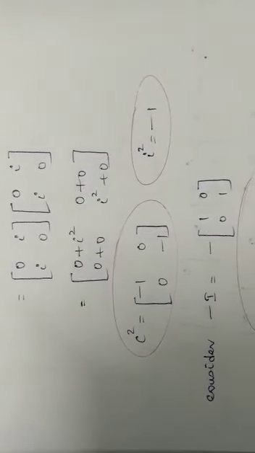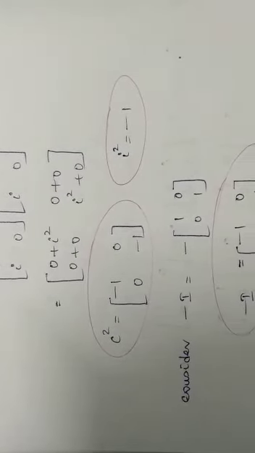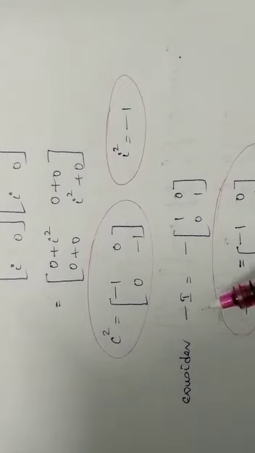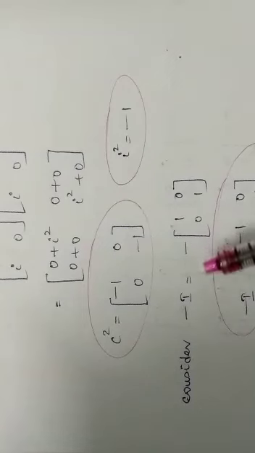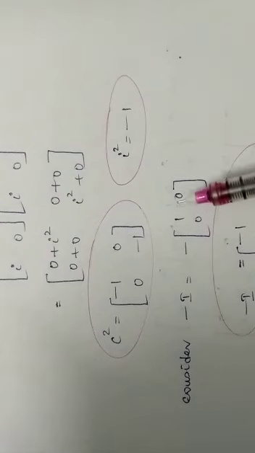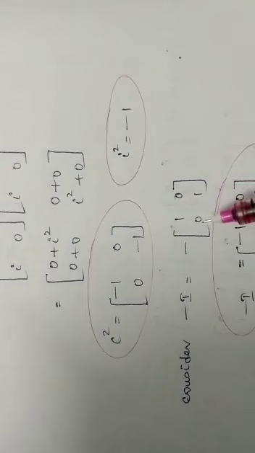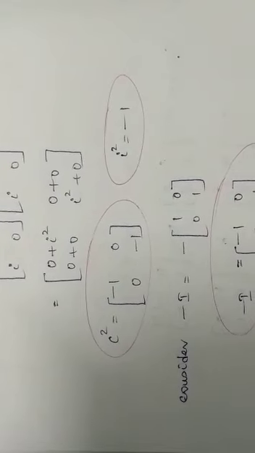Now consider minus I. That is minus I means identity matrix, given that it is 2 by 2 order. So 1 0 0 1, multiply minus inside.